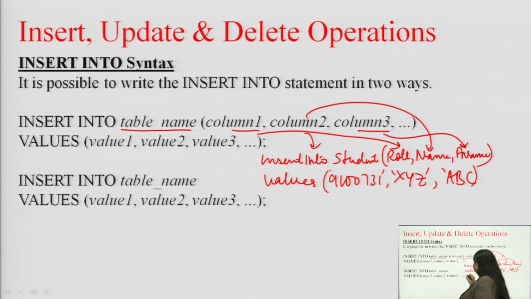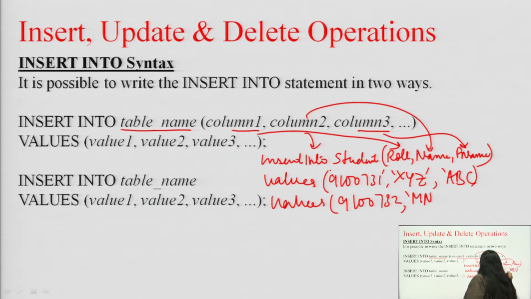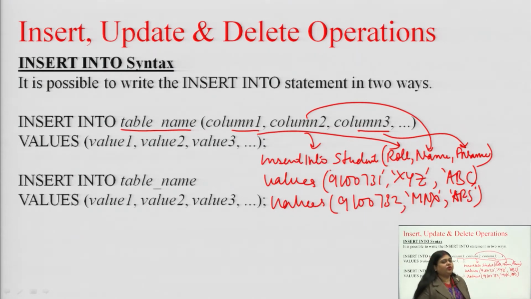And we can have multiple values, again we can specify roll number 100732, the name is MNX, let us say, father's name, anything like this. So, we can use this method for inserting values into your table.